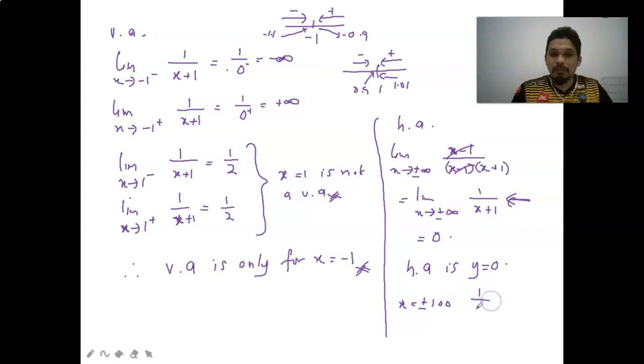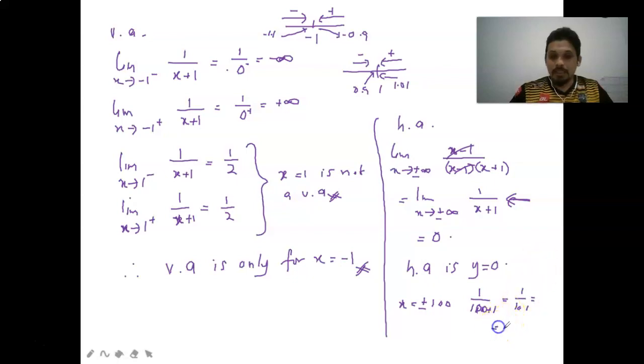So 1 divided by 100 plus 1 equals 1 divided by 101, which equals 9.900 times 10 to the power of negative 3.